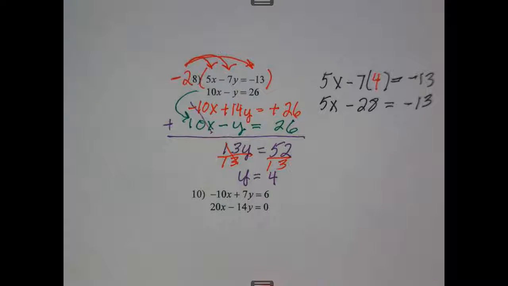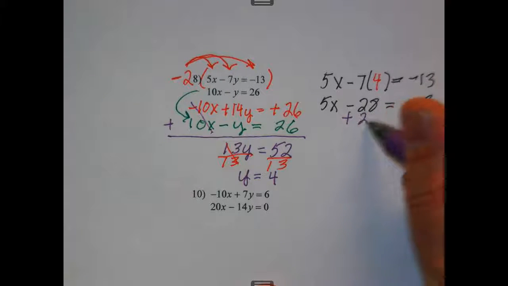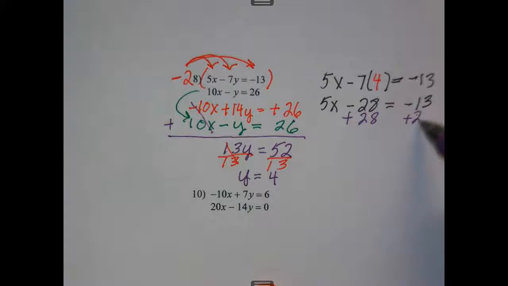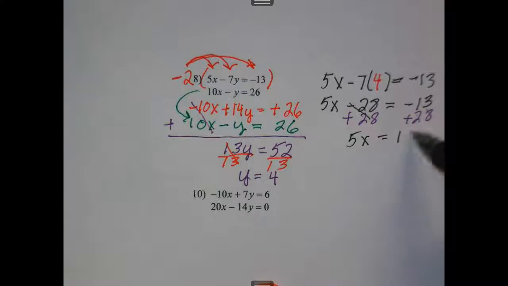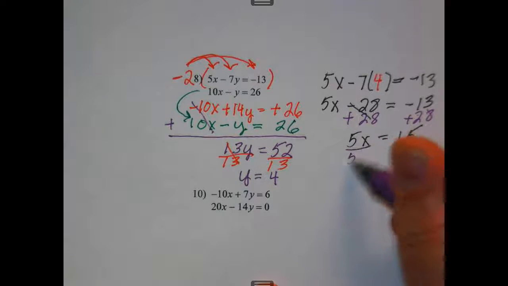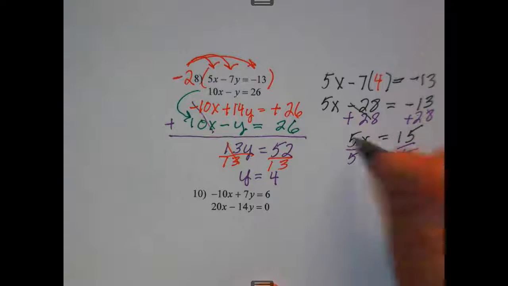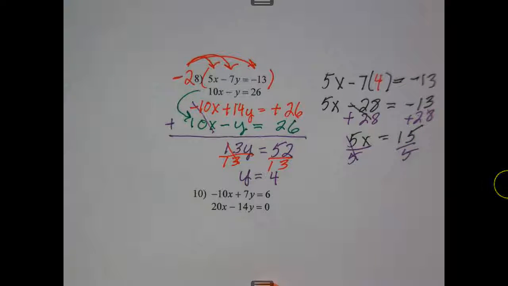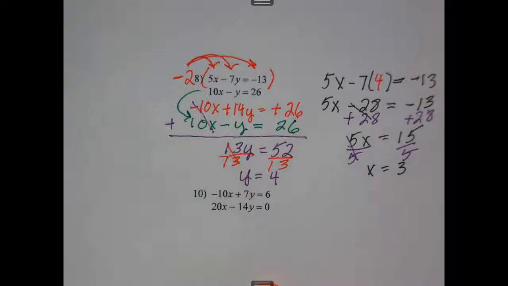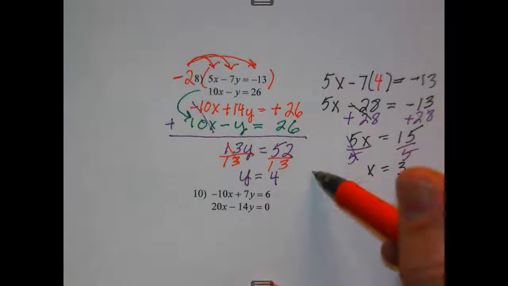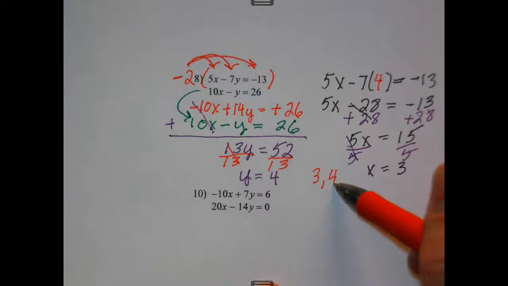Okay, I'm going to add 28 to both sides. Gives me 5x equals 15. Divide both sides by 5. And what does x equal? 3. So these intersect at the point when my x is 3 and when y is 4.